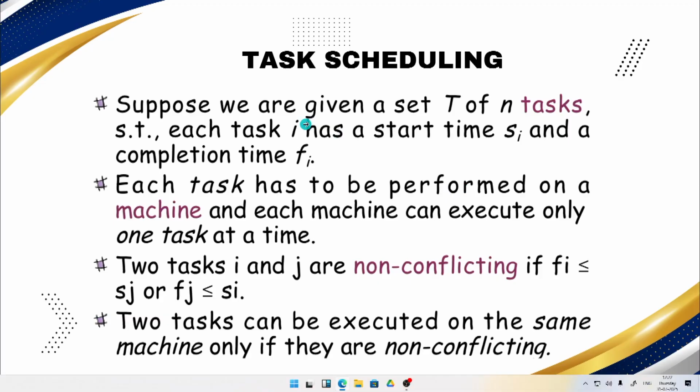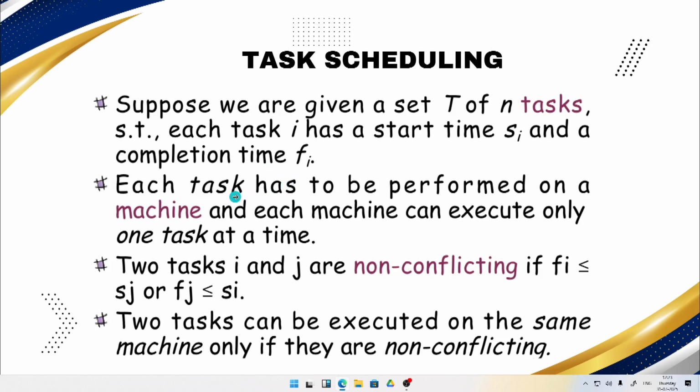Consider that we are given a set T, and that set T contains n number of tasks, and for every task i, we have a start time Si and a finish time Fi.